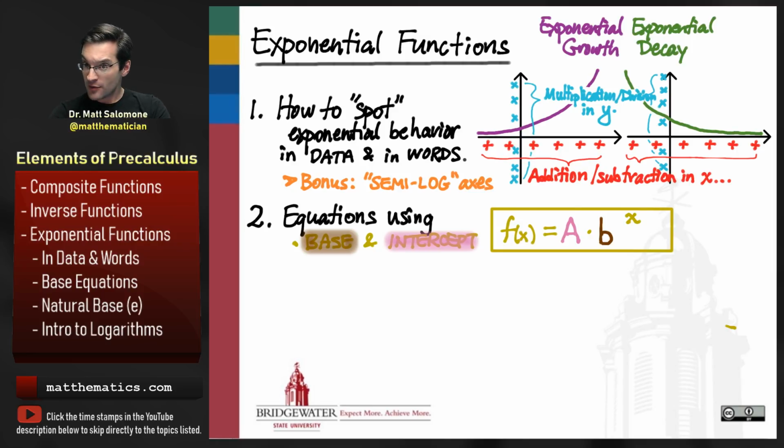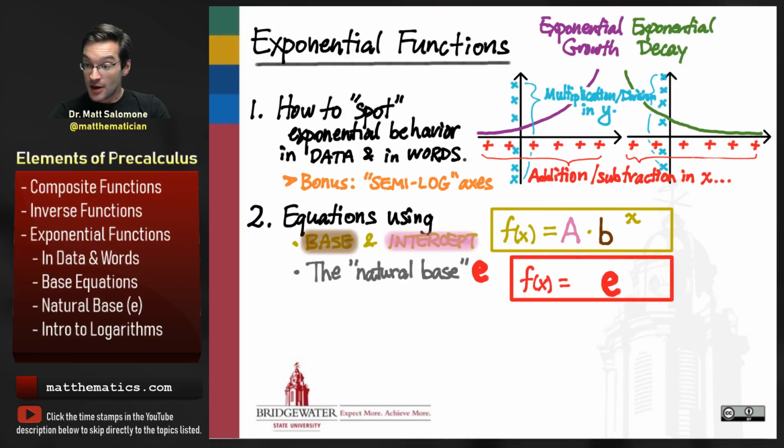But for a variety of both historical and technological reasons, it's very often convenient to re-express such an equation instead of using the base as some number b, which we can directly interpret. We can also convert that equation to have a different number in its base, and the number that we most frequently see in the base of an exponential expression is called the natural base, or the natural number. And that natural exponential base goes by the name e.